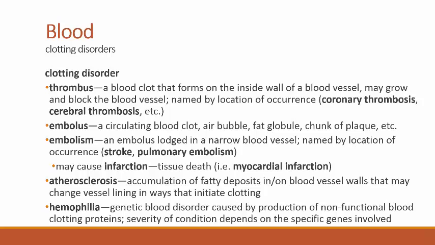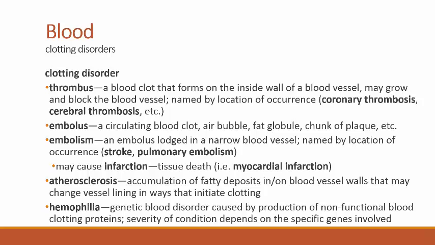An embolus occurs as a blood clot breaks away from the vessel wall. So an embolus is a circulating blood clot, but there are other things that can be an embolus as well. An air bubble that gets accidentally injected into a vein, a fat globule, a chunk of plaque, all of these can be an embolus.